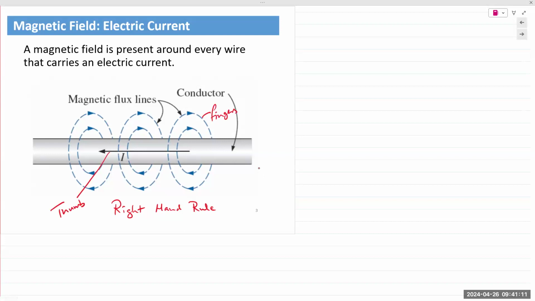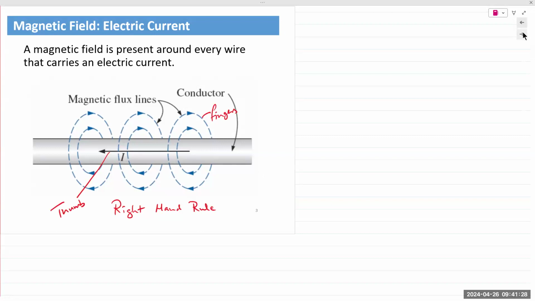So if you have any wire and you're sending a signal out, meaning if I plug a cable into the wall and I wish to find the direction of the magnetic flux lines, you would simply point your thumb in the direction of the power out, away from the power outlet. And then it would tell you the direction of the magnetic flux lines.